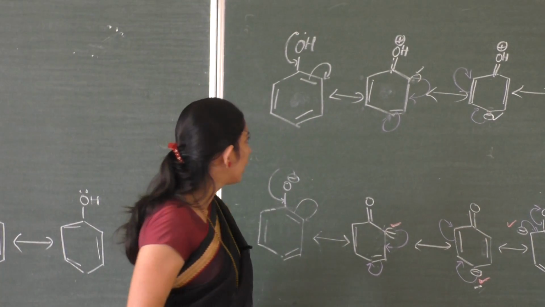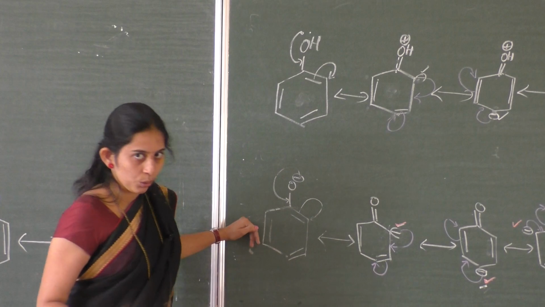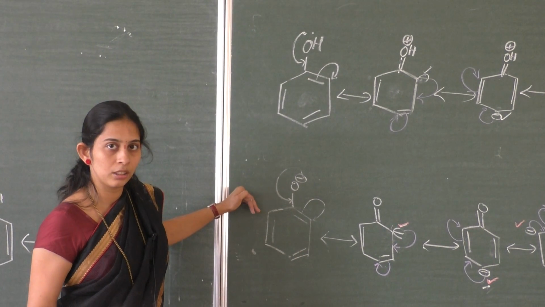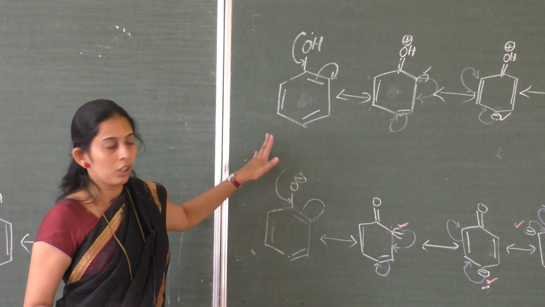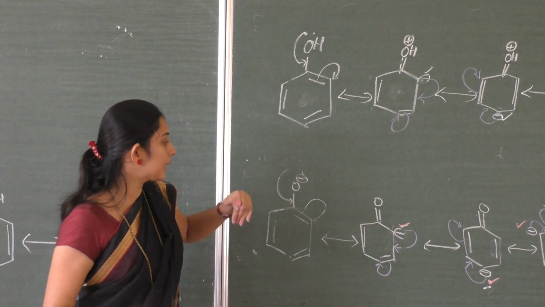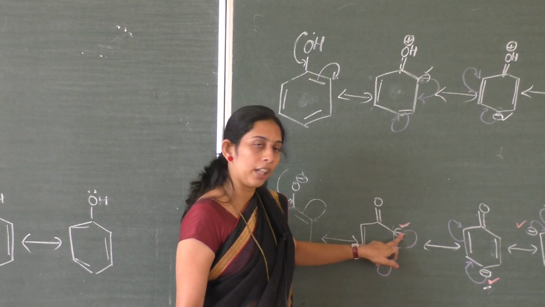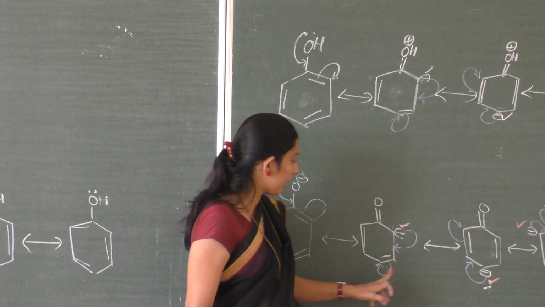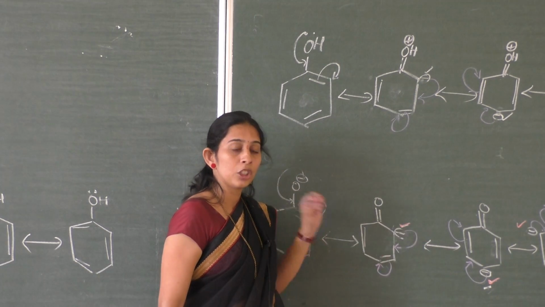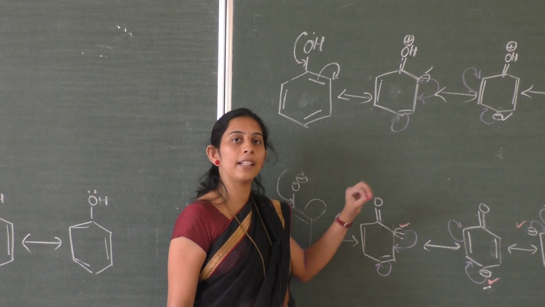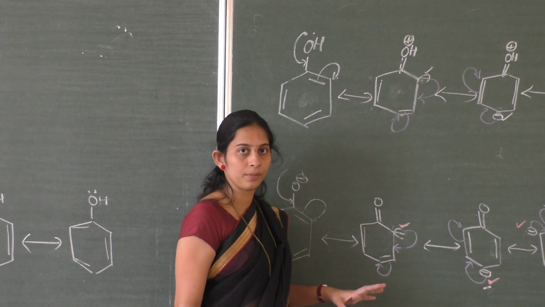So if you compare these two, whenever a new group comes and attaches to the phenol ring or a benzene ring, the new group will always attach either at an ortho position, this one or this position, or at a para position, because high electron density is present on those positions.